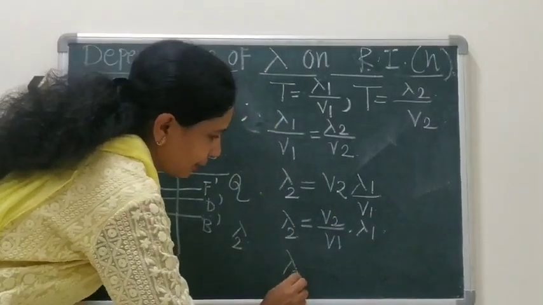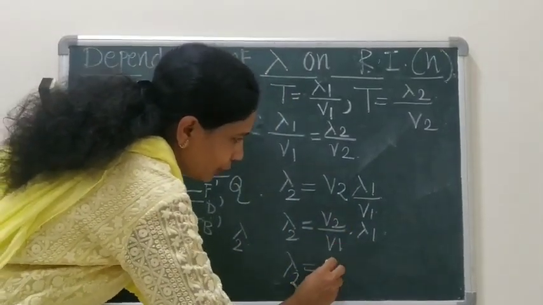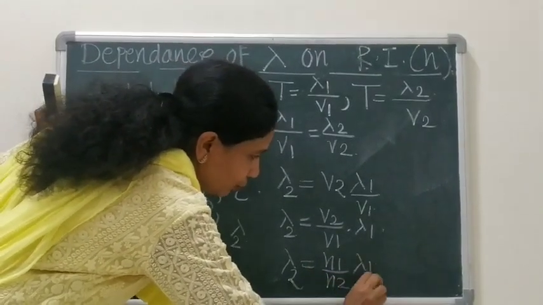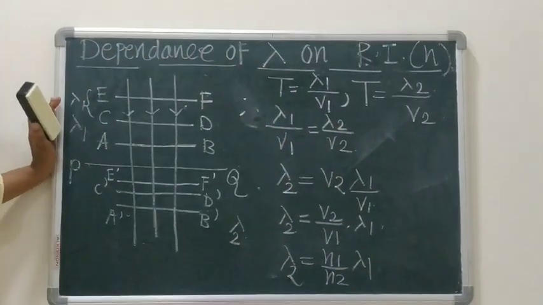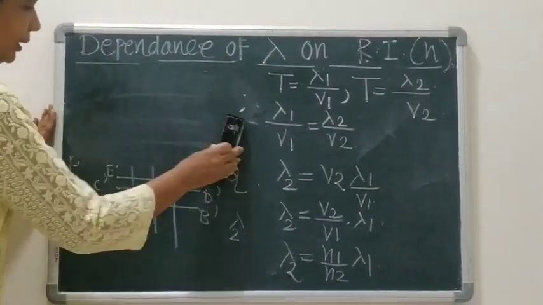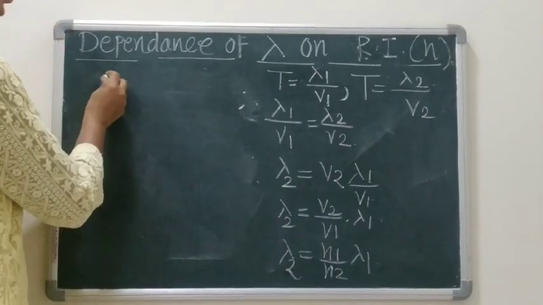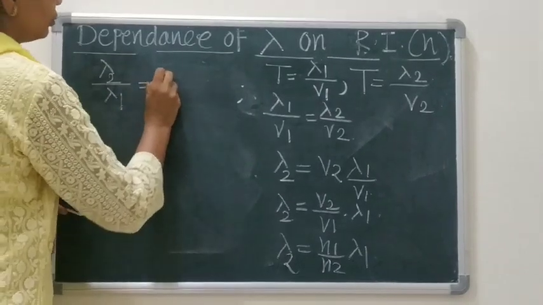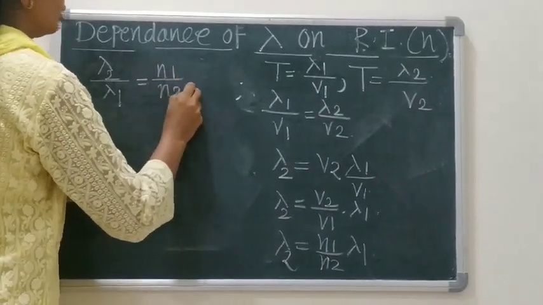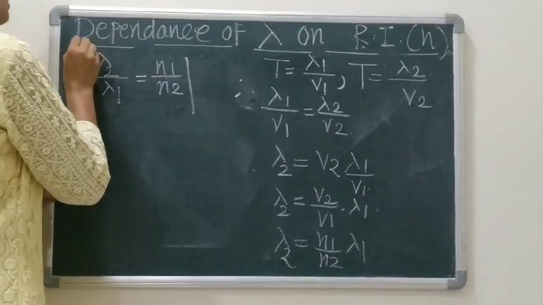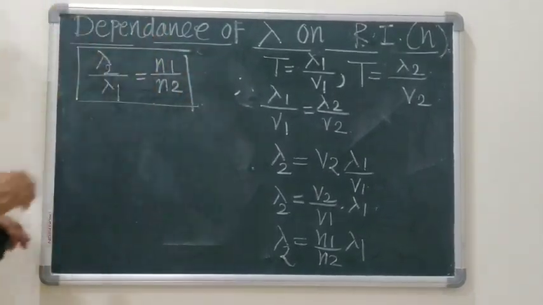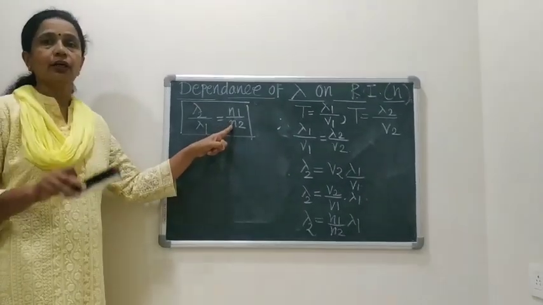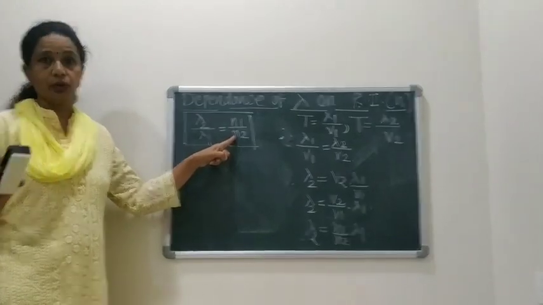Therefore we get λ2 upon λ1 is equal to n1 upon n2. From this equation we can say that the wavelength of light depends on the refractive index of the medium.